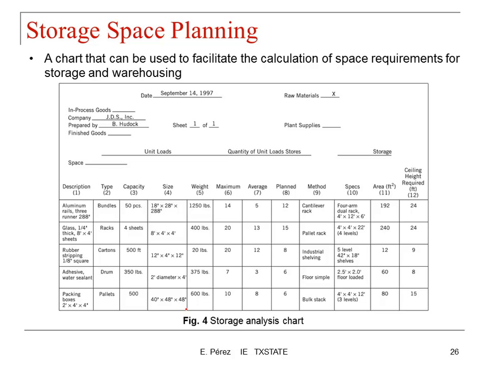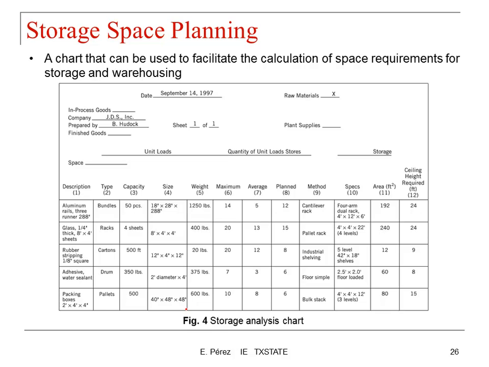The size, the weight, the maximum that you will have in your warehouse at any time. So in that case, is 14. The average 5, and then you are planning for not the maximum, but more than the average. So that's your plan amount, the plan that you want to have in your warehouse.